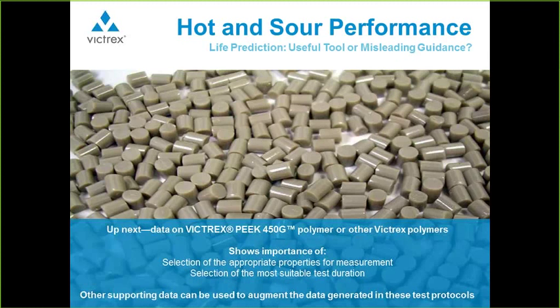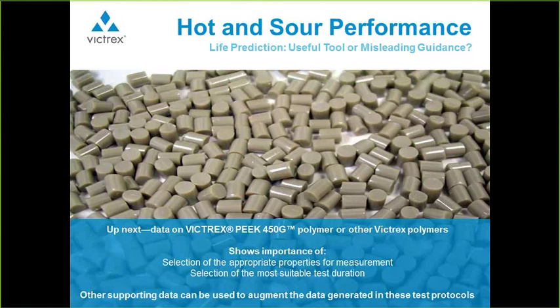I'm going to be using examples all based on Victrex 450G, which we have obviously focused on considerably over these years, but I'll also present, for contrast, in some cases, the performance of an experimental high-temperature PAEK, and I hope to demonstrate the significance of the choice of property which is being made for the evaluation, and also the influence of test duration. So you see now why I was keen to see the results of the poll earlier.